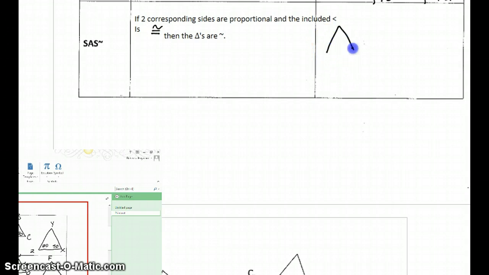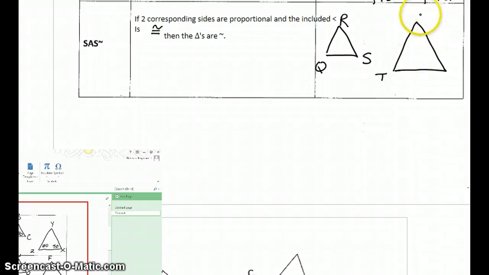I'm going to have triangle QRS and triangle TUV. Here only two sides are labeled, 3 and 5, 9 and 15, and one angle.